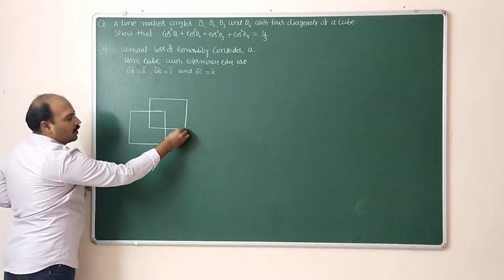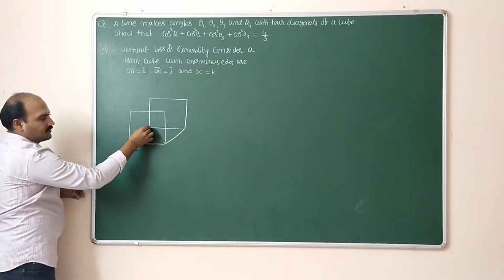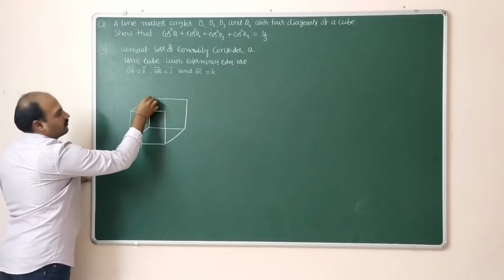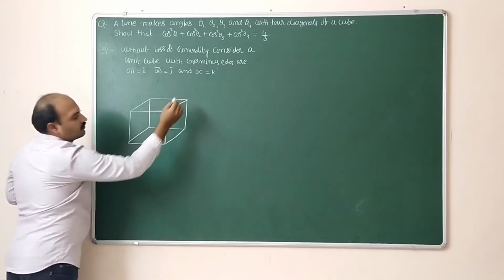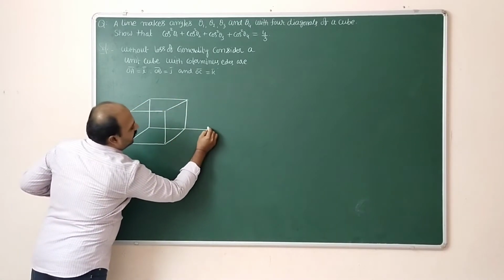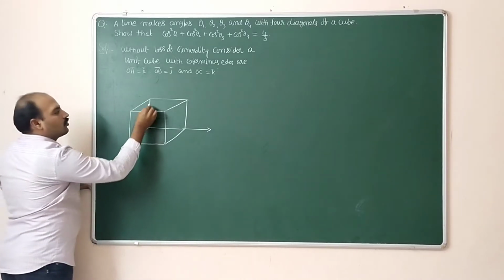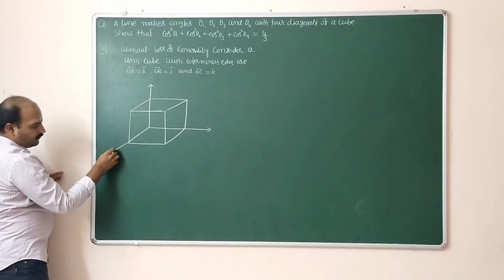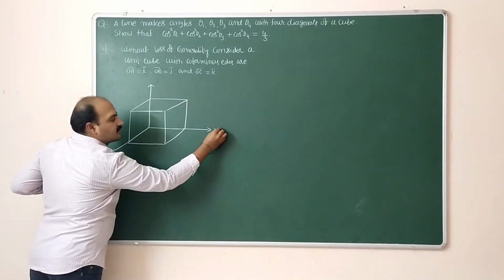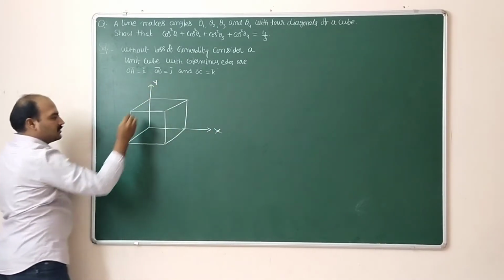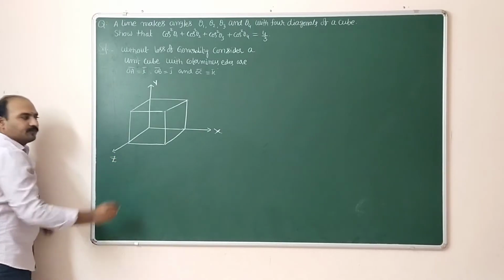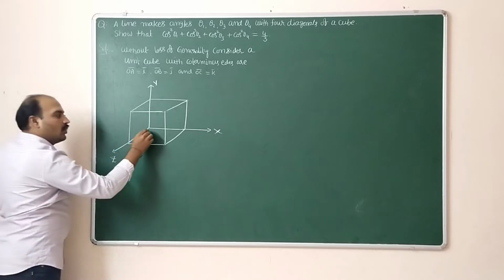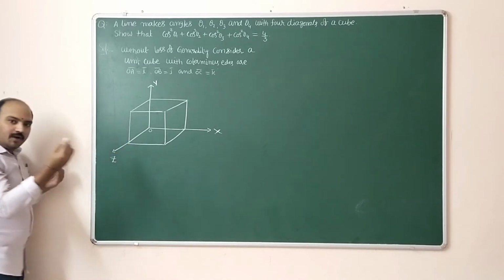After that you have to join these edges. Extend from here, also extend from here, also extend. So this is the x-axis, this is the y-axis, this is the z-axis. The point of intersection of the x-axis, y-axis and z-axis is the origin.